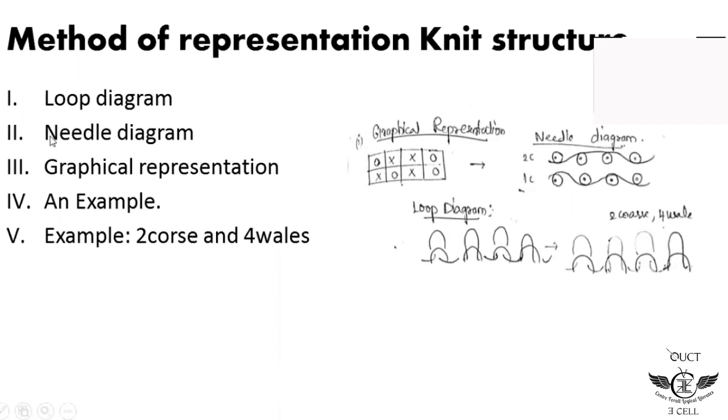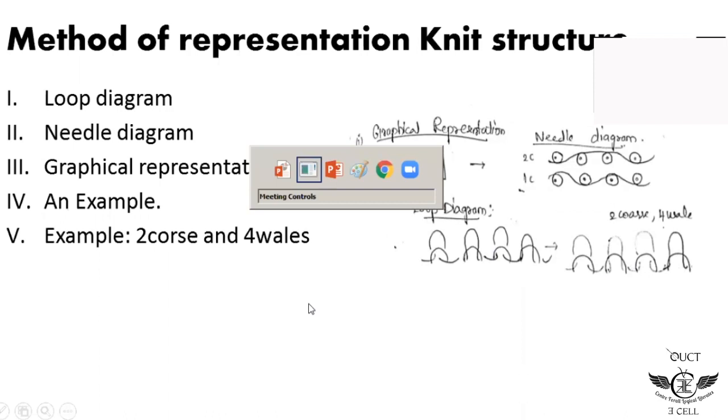If they mention only needle or only loop, you can do just that. See here, I have given an example of how the loop will be: 2 courses on 4 wales. 4 wales were there and 2 courses were there. And the graphical representation will be like that. This is the needle representation, and this is the graphical representation.